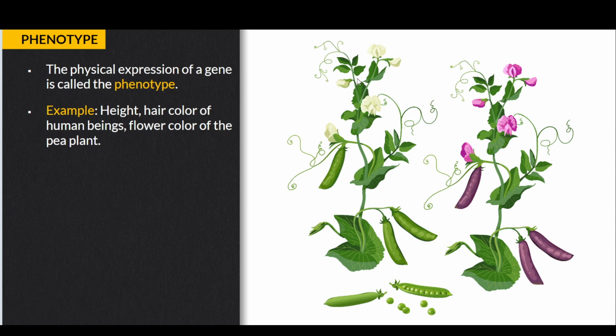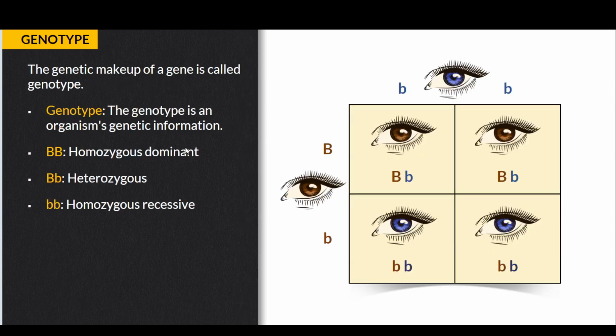These are physical expressions, which we can see. Genotype means the genetic makeup of a gene. We cannot see the genetic makeup, we can see its effect, which is phenotype. Like these alleles, these are the genetic makeup.